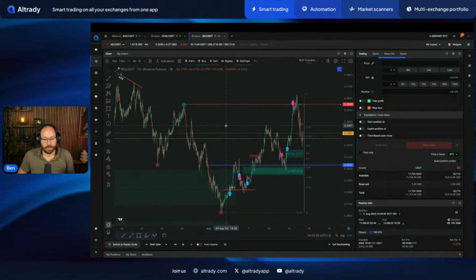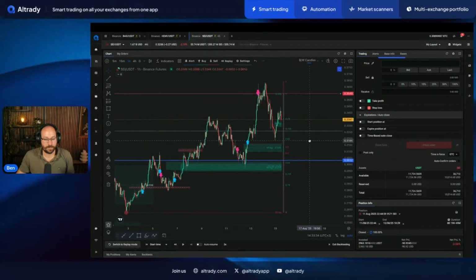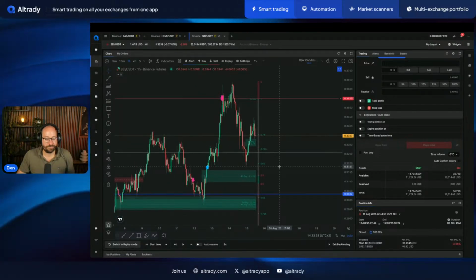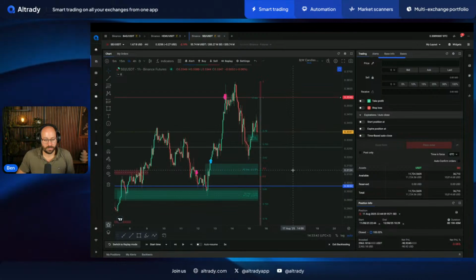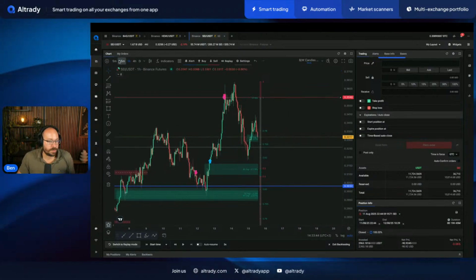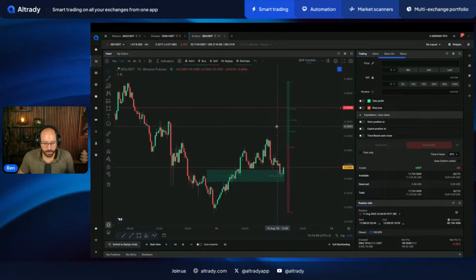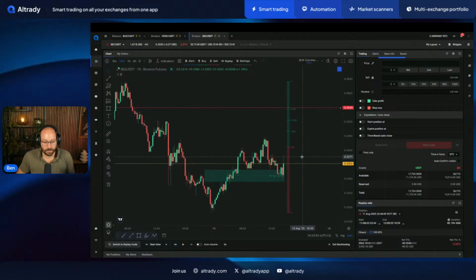But I wouldn't trade this one. There was a nice entry, but it's really hard to take this trade. It's a 4-hour fair value gap. We can try. I'm not too keen on the 4 hours on this market, and I'm not really sure about the direction right now. I'm really confused.